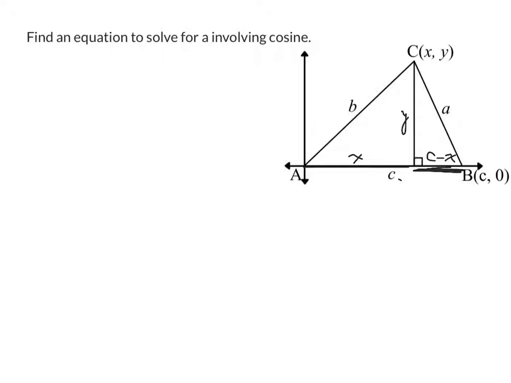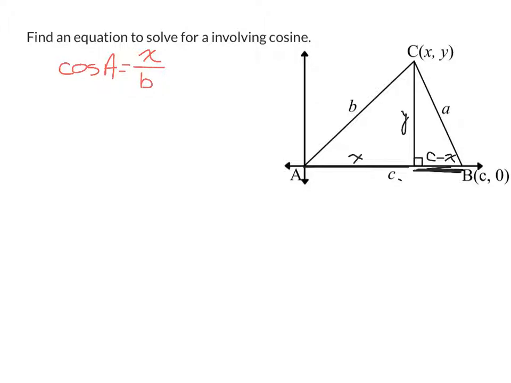I can figure out some information about x and y as well, and I'll involve sine and cosine like was suggested in the directions. So the cosine of angle A is your adjacent over hypotenuse. The adjacent is x, hypotenuse is b.